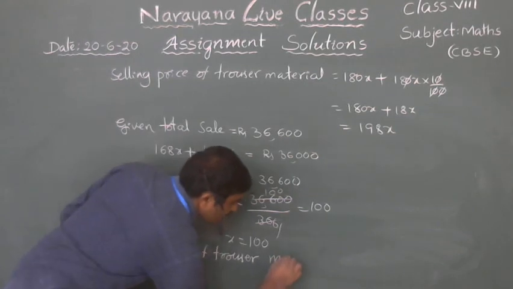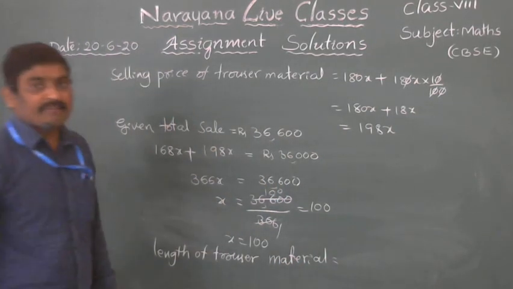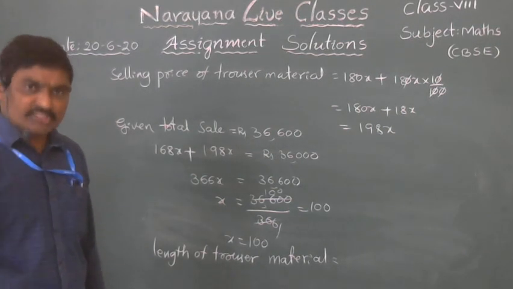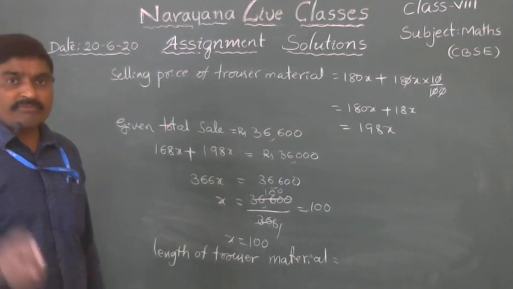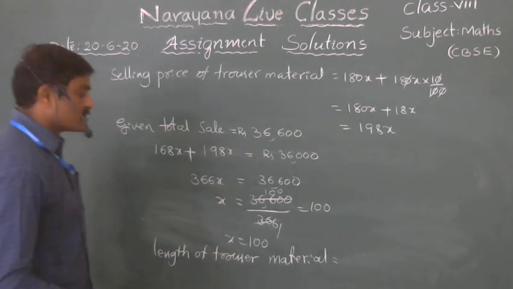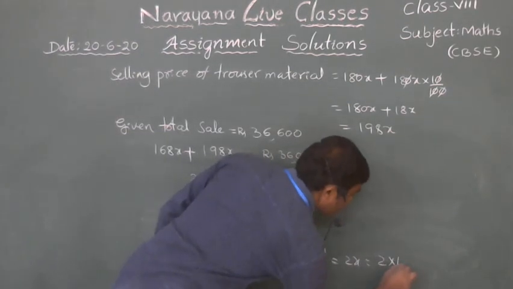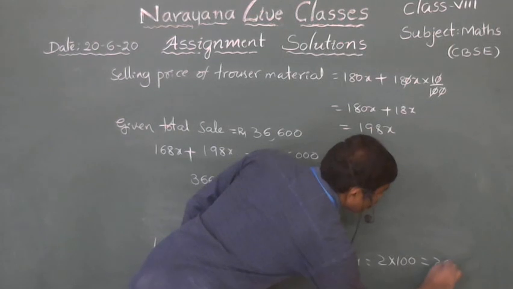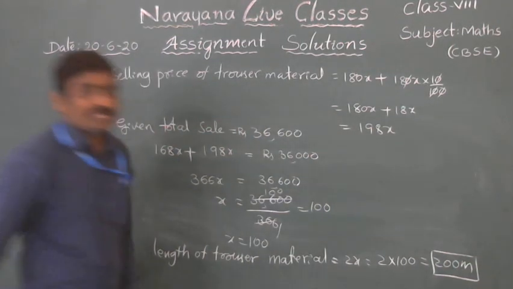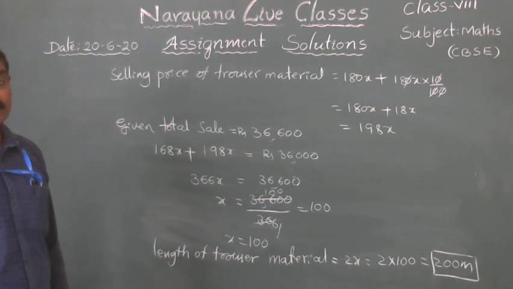According to the ratio, how much is given? Shirt material is 3x, trouser material length is 2x. So the length of the trouser material is equal to 2x, which means 2 into 100 is equal to 200 meters. So the length of the trouser material he bought is 200 meters.